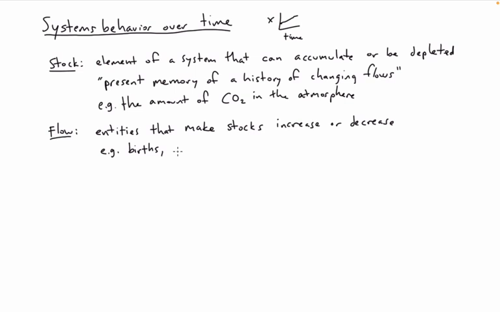If you're thinking about the amount of money in a bank, which would be a stock, the deposits and withdrawals from a bank account would be flows. In the CO2 example, the absorption, this would be just one of many, the CO2 absorbed or released from forests.